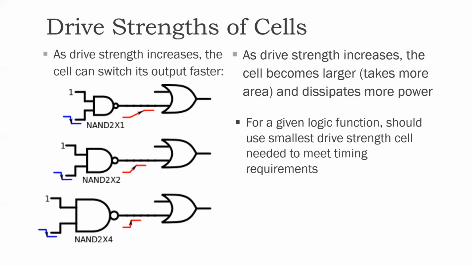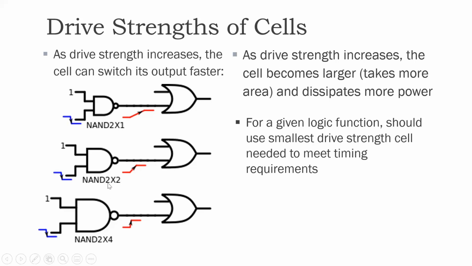So I'm trying to illustrate that with this diagram here. You can see that I have 3 2-input NAND gates shown in these 3 different circuits. And those 3 different NAND gates are all driving the same OR gate. In the first instance, I have a NAND 2 of drive strength X1.